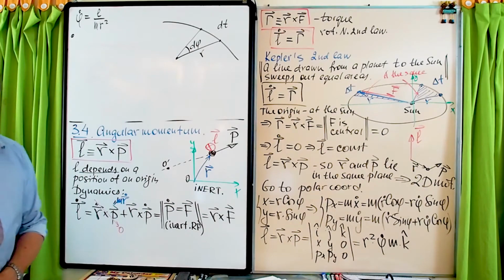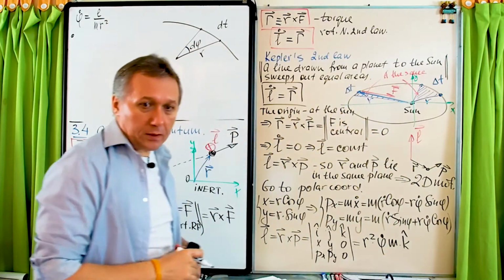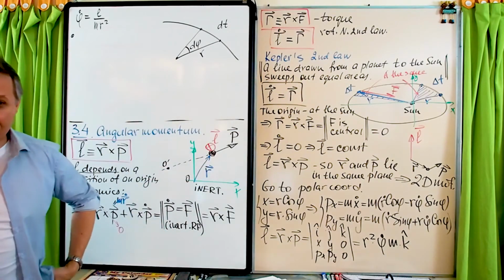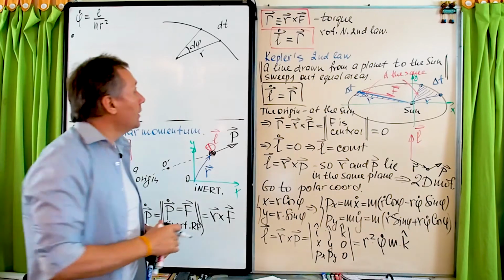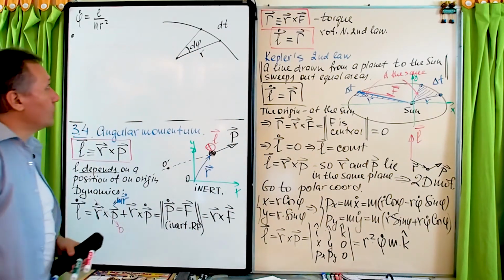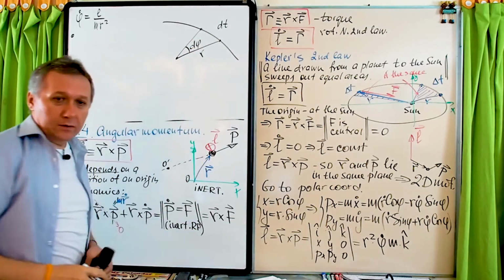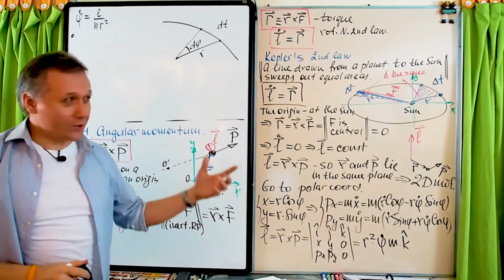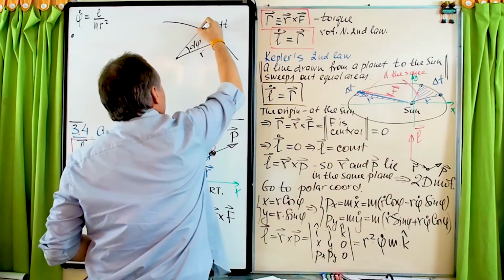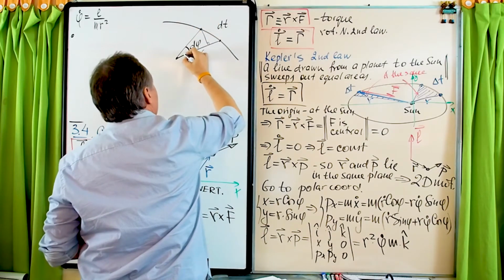Just a small portion of the trajectory. And again, I want to look at the area because that's the goal. I want to see that the areal velocities are constant. And since this is an infinitesimally short period of time, an infinitesimally small angle, this real area which we have to count, I'm going to replace with approximately this. I will just draw a normal line.